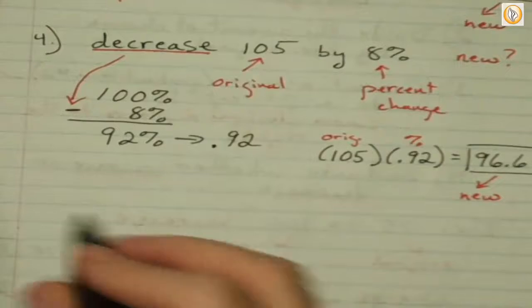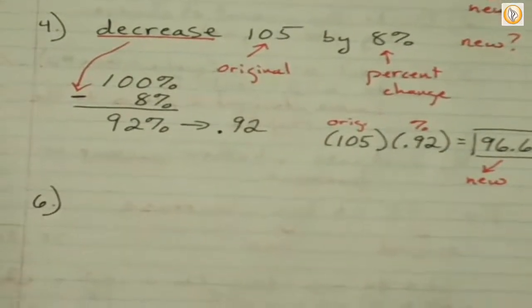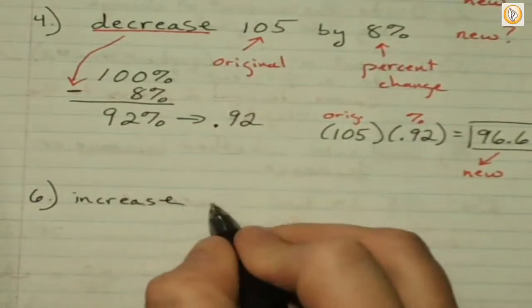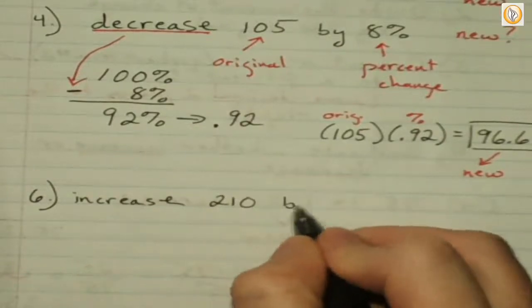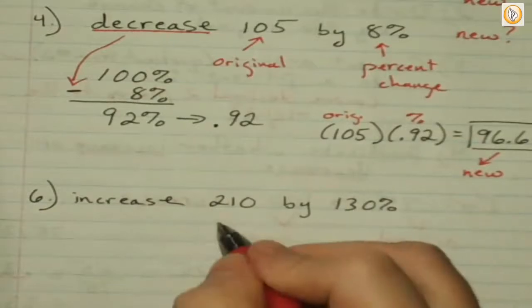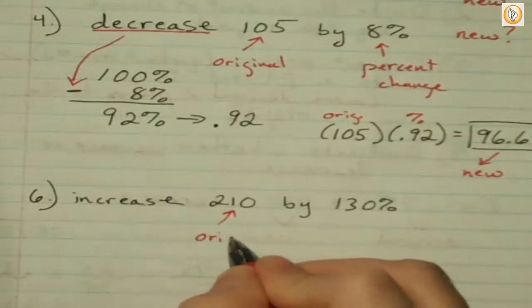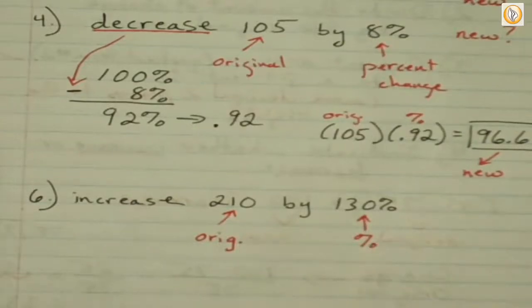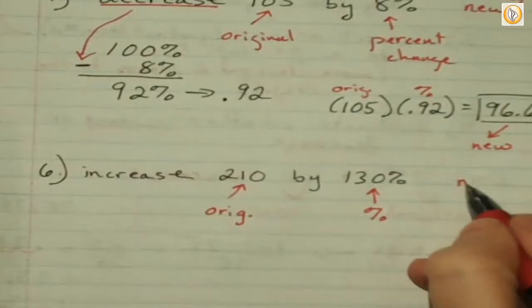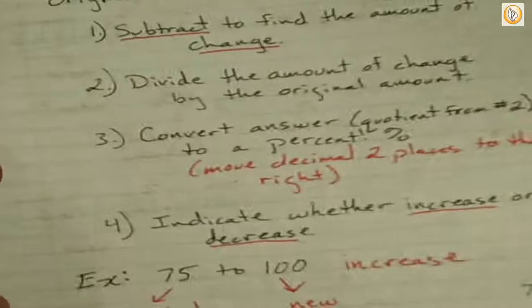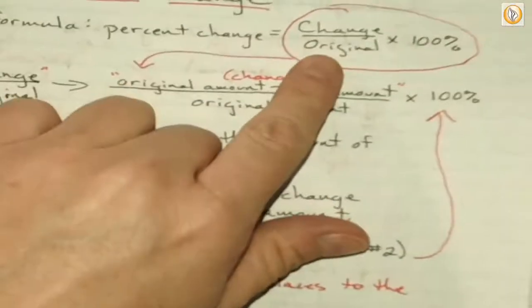You good? All right, so Kelly, you're doing number 6. This time, it's an increase. 210 by 130%. Here's my original. Here's my percent. Again, we're looking for what's the new amount. Because remember, to get the change, you have to know the new amount.